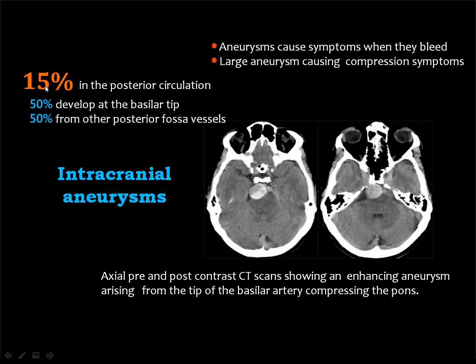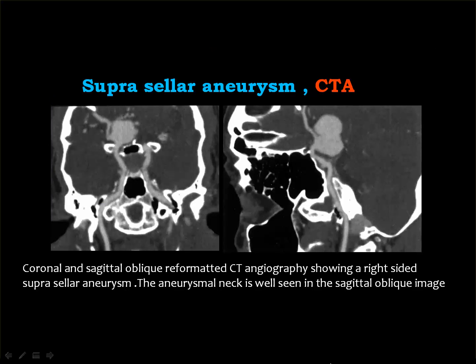15% of the aneurysms are located in the posterior circulation. 50% of these 15% occur at the tip of the basilar artery, and this is also one of the common lesions seen in clinical practice, where you get the homogeneously enhanced lesion in the midline anterior to the bones, where the basilar artery is present.